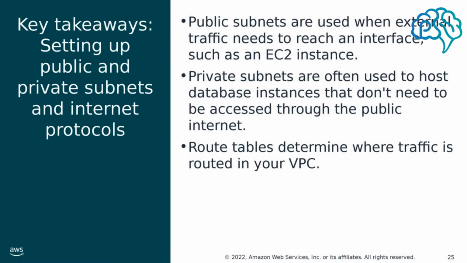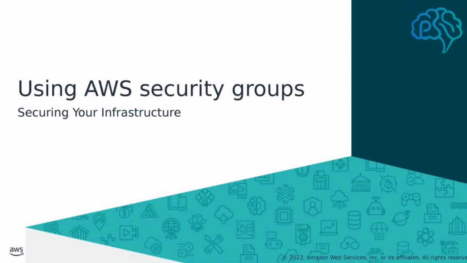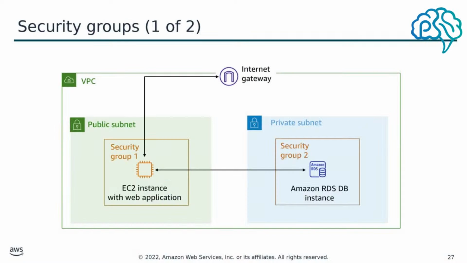So now that we've got through the networking, let's get into security groups, which are also reasonably complex. First, let's talk about the overview of what a security group is. Let's say we have a VPC with a public subnet and a private subnet. The public subnet would contain an EC2 instance that's protected by security group 1.